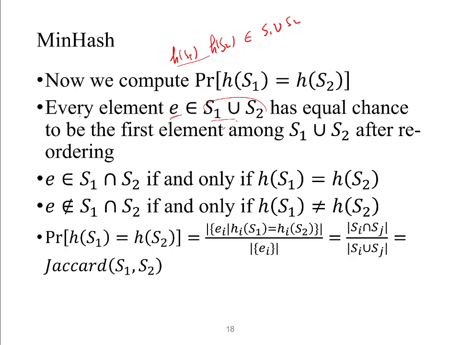So every element has an equal chance to be the first element. Then there come two scenarios. One is that E is in the intersection of S1 and S2.